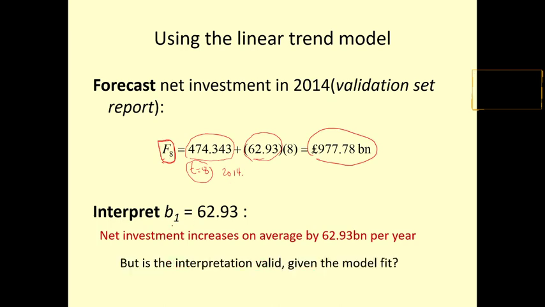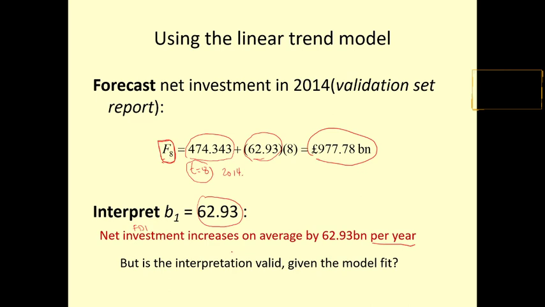What we can say from this coefficient, because that is another thing that you will need to explain in your projects, what is this 62.93, is that net FDI increases on average 62.93 billion per year.